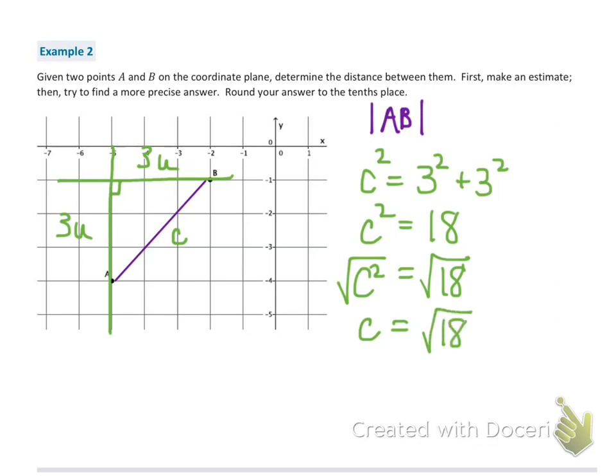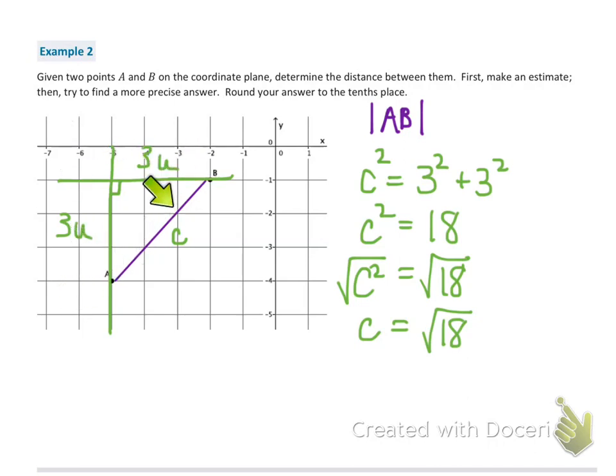So 18 is closest to perfect square 16. The closest perfect square to that is 16. So the closest whole number would be 4, which makes sense with what we were thinking as far as looking at the legs of the triangle being 3 and 3, we know it has to be more than 3.